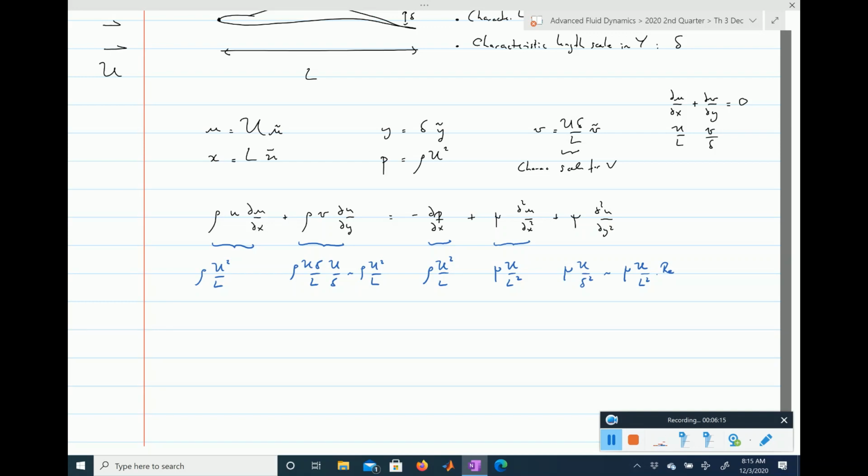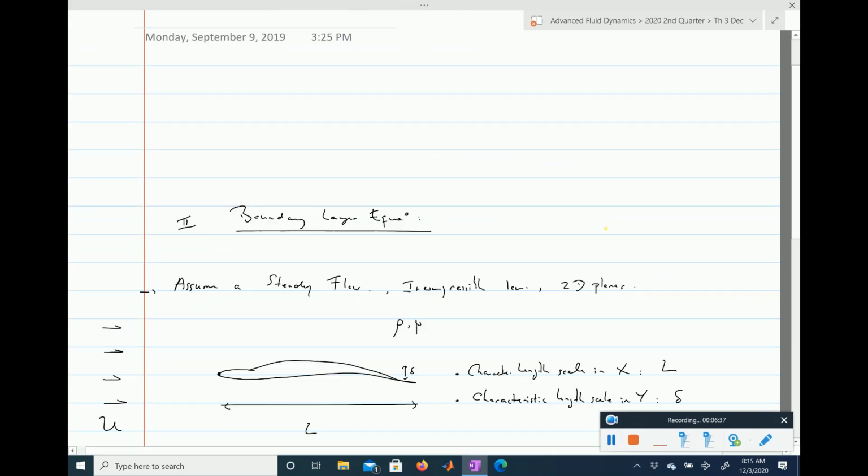Now if we replace that with the Reynolds number based on the length scale L, we find that this term scales with mu u rho u L divided by L squared times nu. And when you simplify all terms, you see that the dynamic viscosity simplify, and you end up with rho u squared divided by L.